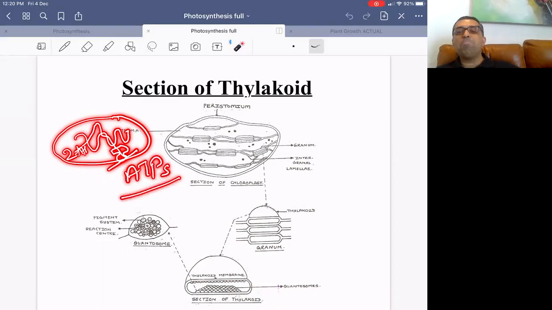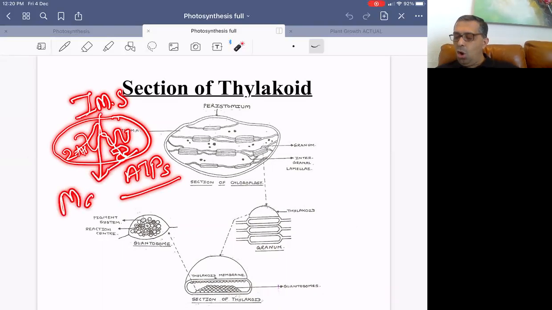तो ये mitochondria में था. Where did protons return back? Protons returned back from the intermembranous space back into the matrix, और उसके अंदर F1 पार्टिकल के अंदर ATP बनता है.